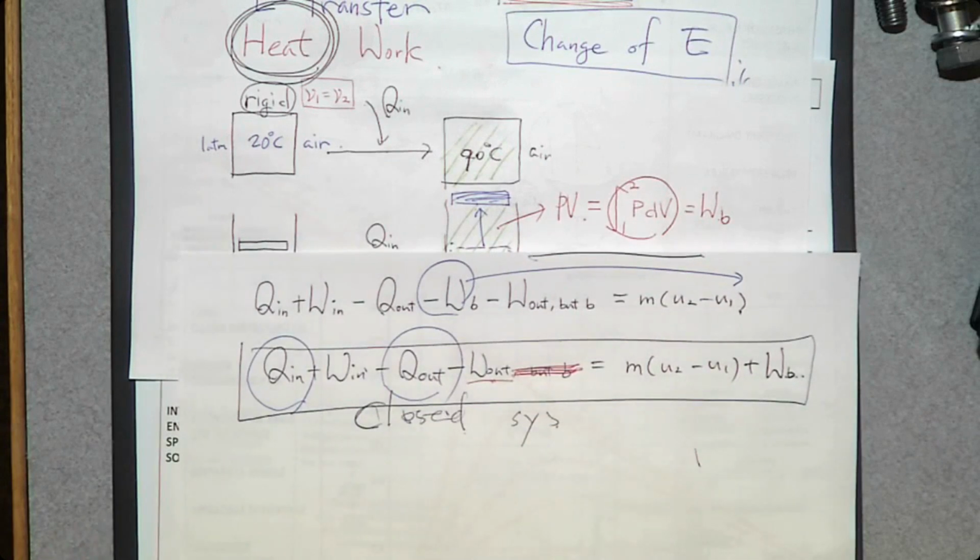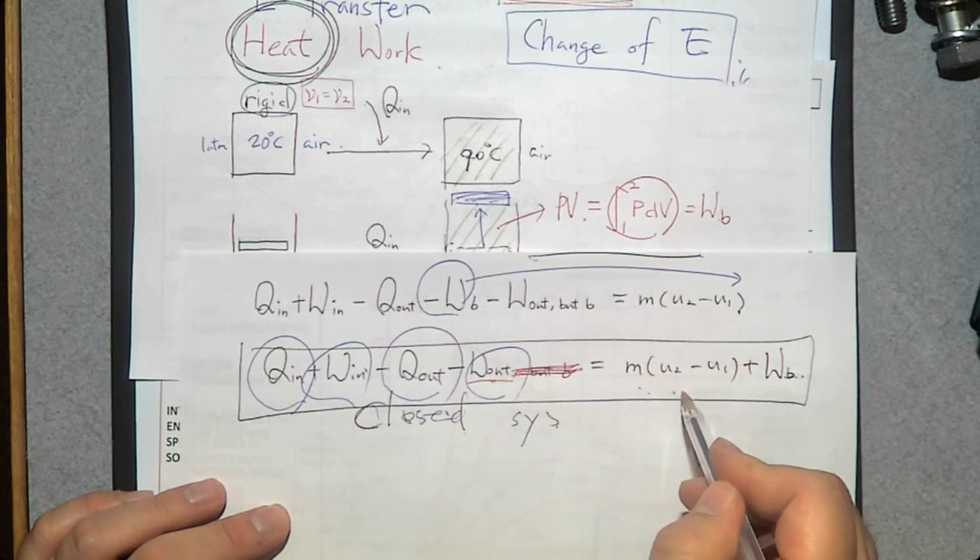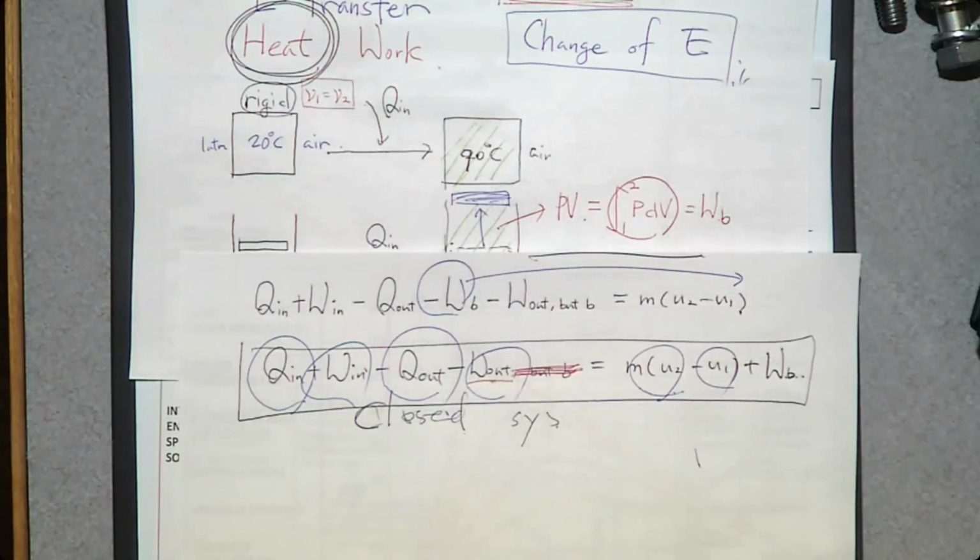This energy transfer by work, did we study? Yes, in chapter 2. You remember the electrical work? Voltage times current times delta T. Yes. So we know them. And do you know U2 and U1? Yes. We studied the table problem. Now you can evaluate U, the specific internal energy of your system.